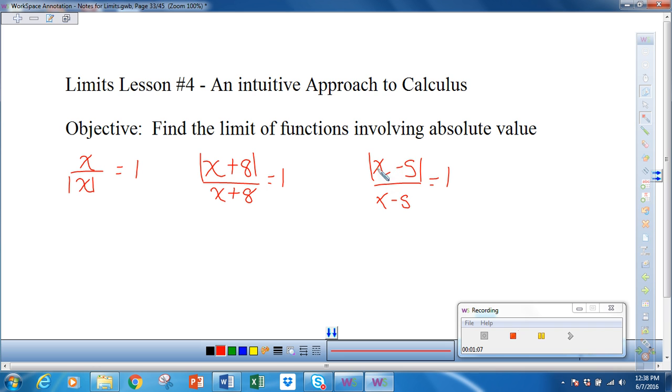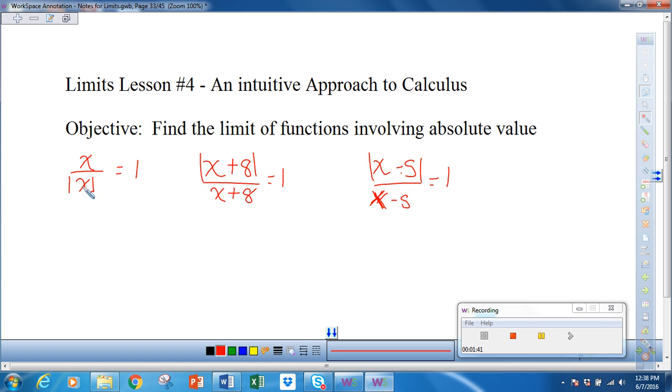Well, this quantity doesn't change. The only thing that changes is that what's in the absolute value is always positive. So whether this is positive 1 or negative 1 really depends upon what values of x I choose. If I'm choosing numbers slightly smaller than 5, then my answer would be negative 1, because the top is always positive but my bottom is going to be negative.